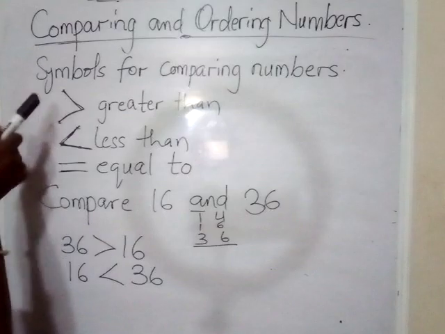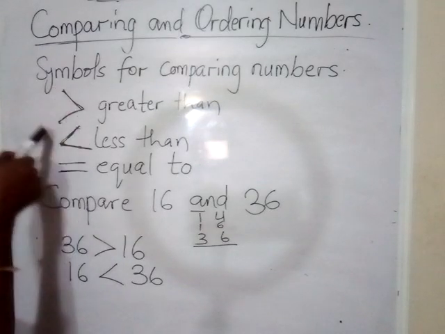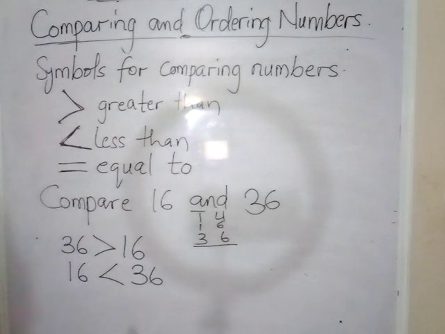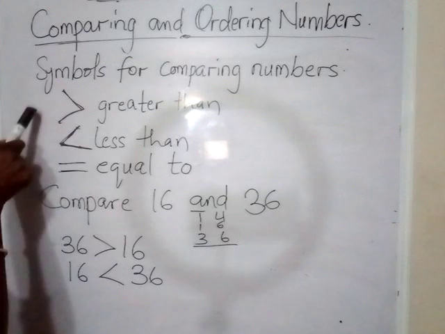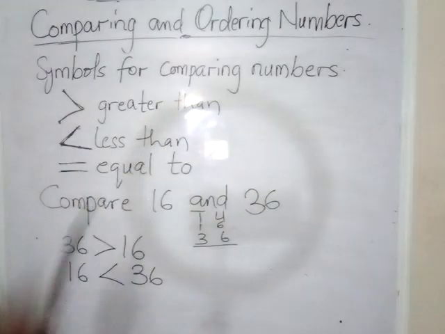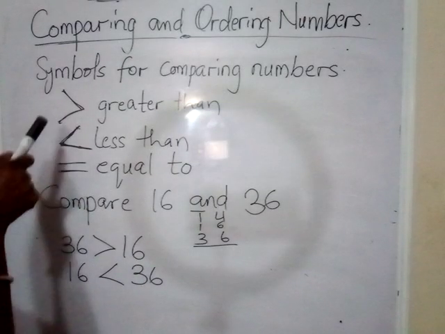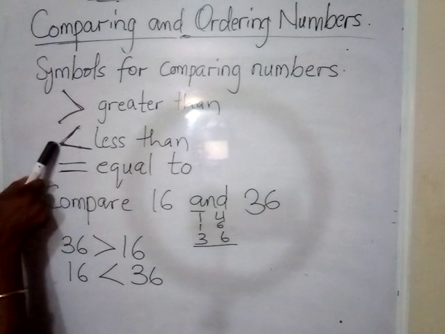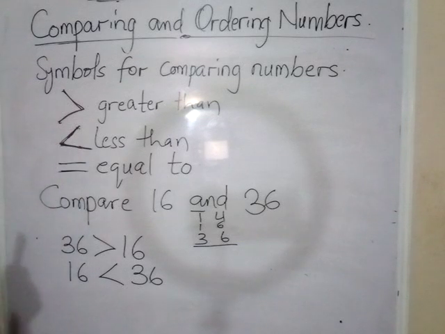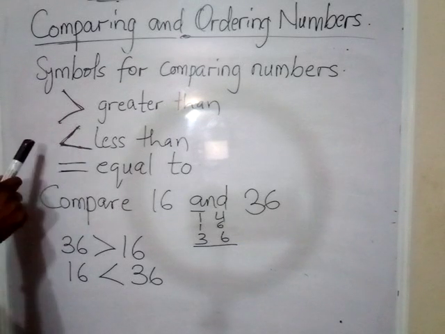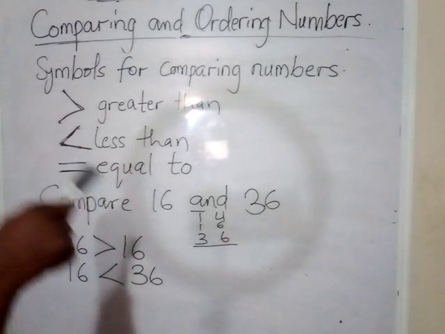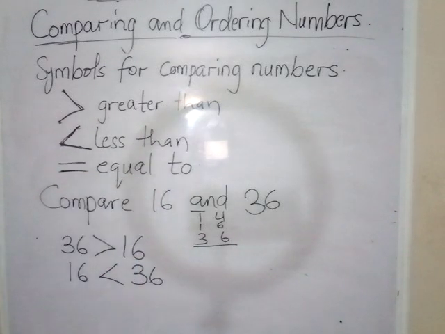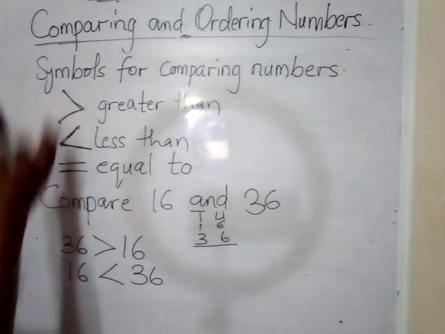When the mouth of the symbol is opened towards a particular number, what you are saying is that that number is bigger than the other. And if you make the closed end face a particular number, you are telling us that that number is smaller or less than the other number. So you determine the position of these symbols.